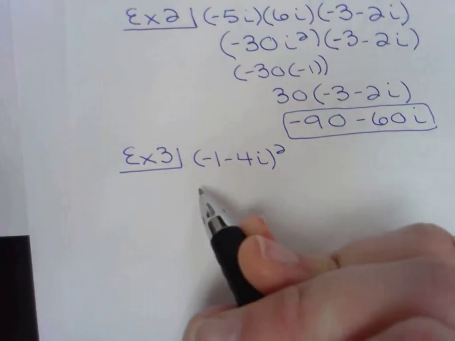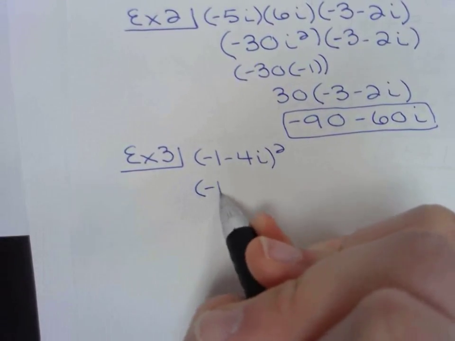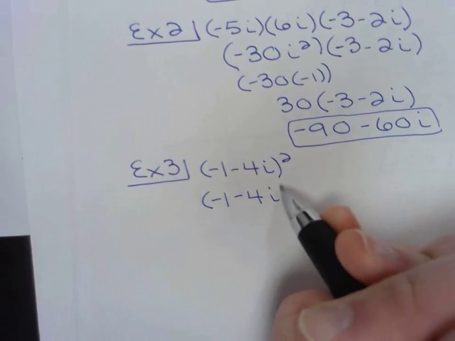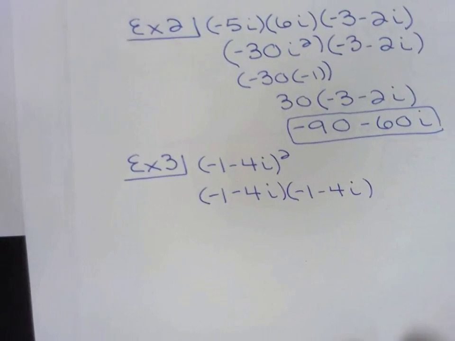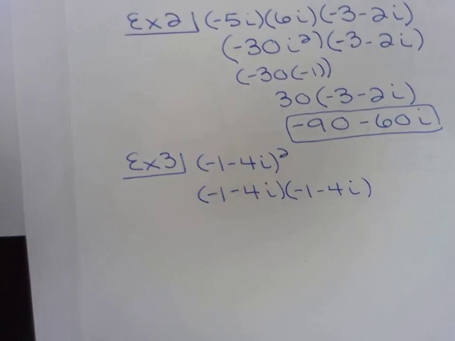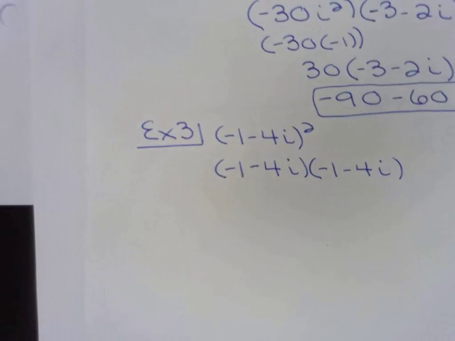Timesing it by itself. So you can't just distribute the 2 because it's an exponent. When you are squaring a binomial, squaring a binomial literally means multiplying it by itself. So I would rewrite this as negative 1 minus 4i times negative 1 minus 4i.